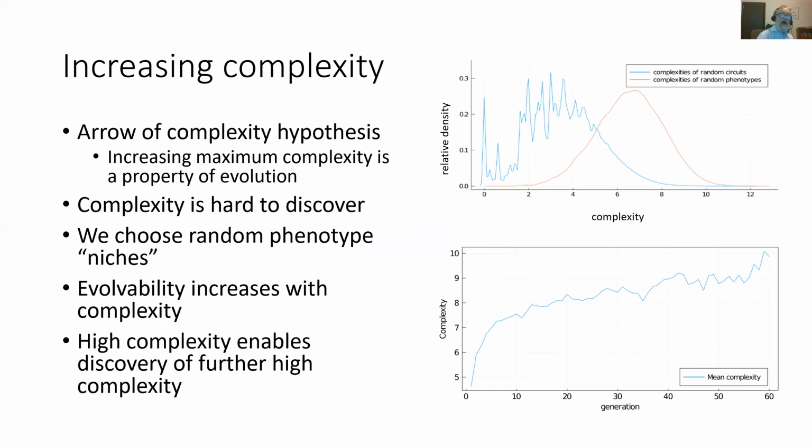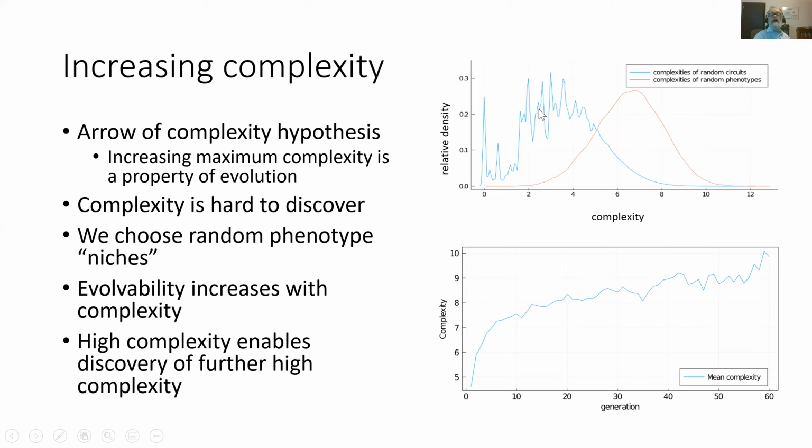So this will demonstrate this here. We're supporting the arrow of complexity hypothesis, which is that increasing maximum complexity is an inherent property of evolution. This is maximum, not average complexity. Looking at the upper plot on the right, it shows that if you take a random genotype, it is likely to have complexity between 2 and 5.